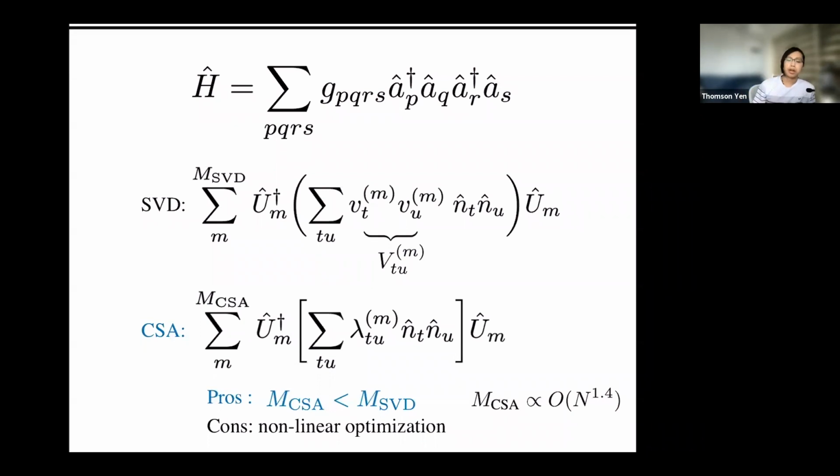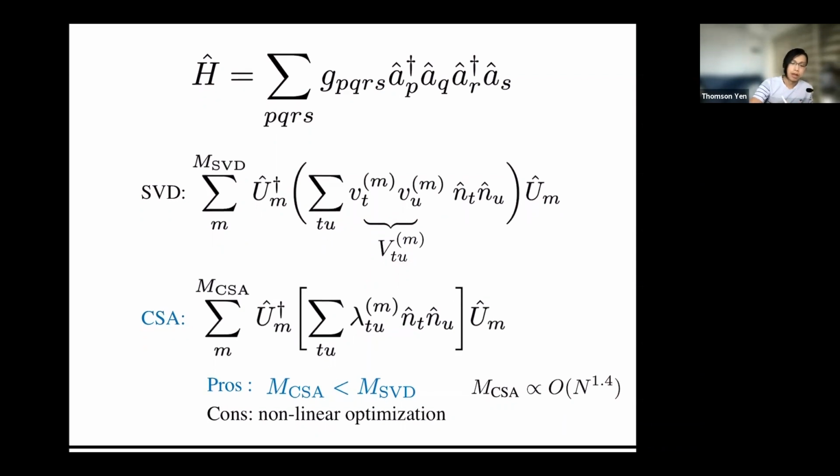To draw a parallel, you could consider the V^T V coefficients as an n by n matrix. When you compare that to the CSA decomposition with lambda, you notice that V isn't as general as lambda, because V comes from an outer product of two vectors.